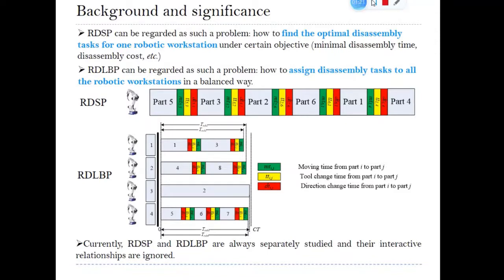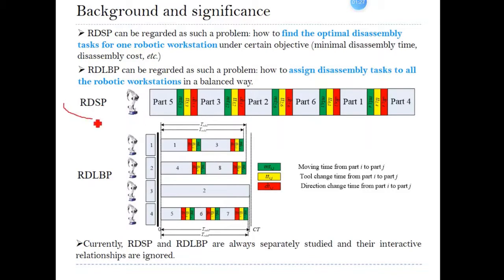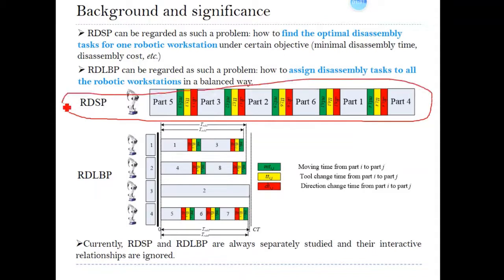The first one is disassembly sequence planning. The robotic disassembly sequence planning, RDSP, is for the robotic disassembly cell. And also the RDLBP, the robotic disassembly line balancing problem, is used for the robotic disassembly line.